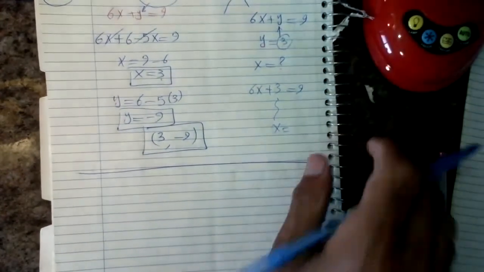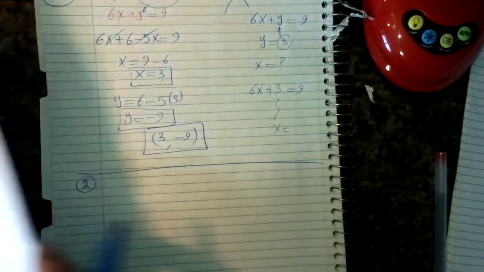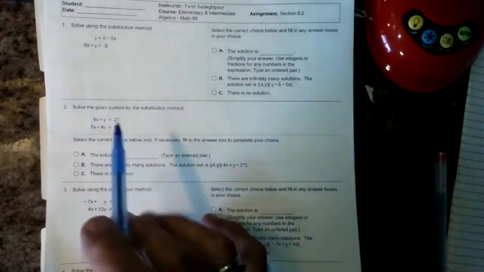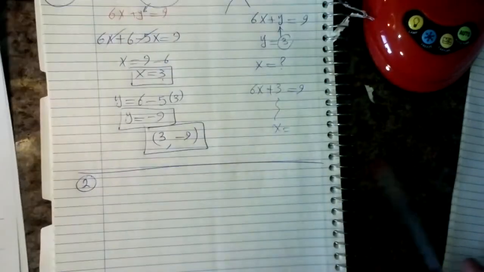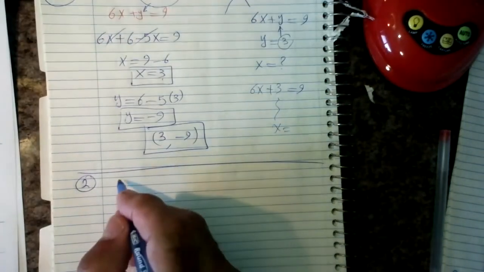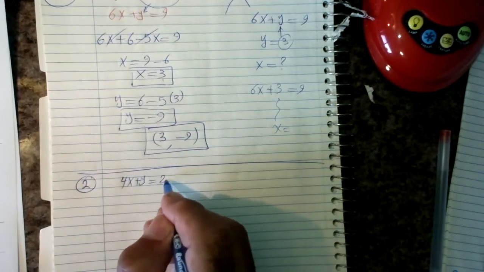The second problem is also the method of substitution. The second problem in these notes asks us to use the method of substitution for this one too. So it's 4x plus y equals 21.